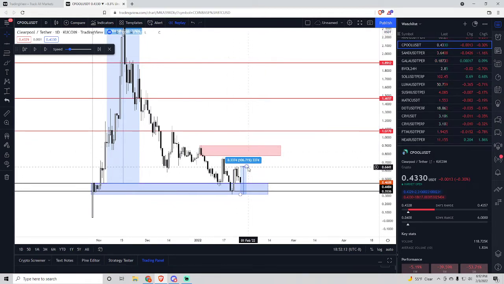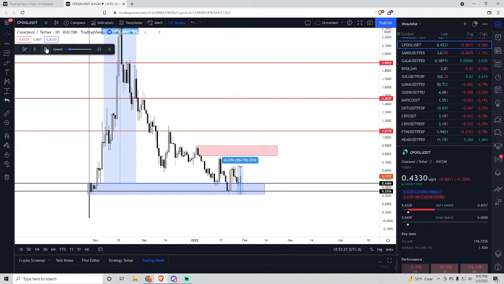Now, once a zone has been completely fulfilled, I will no longer put my bids in this area. I will now use my support lines. Okay, I can keep going.